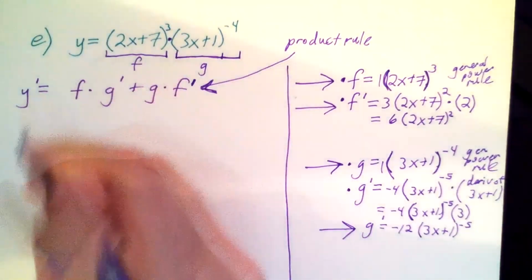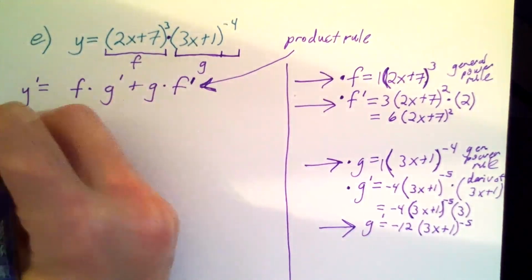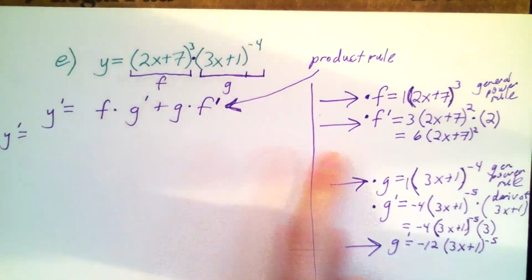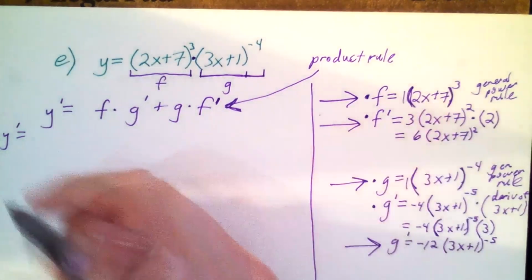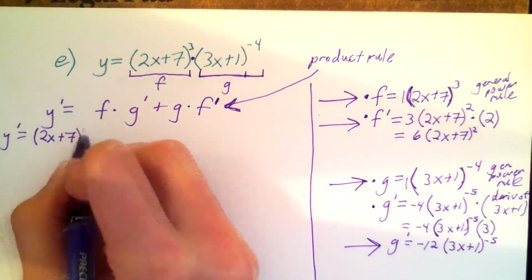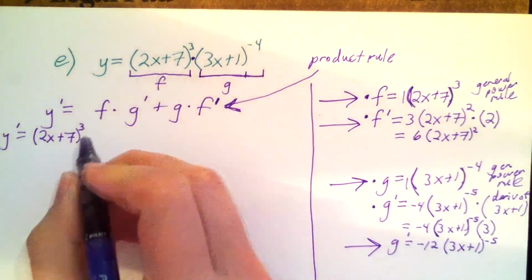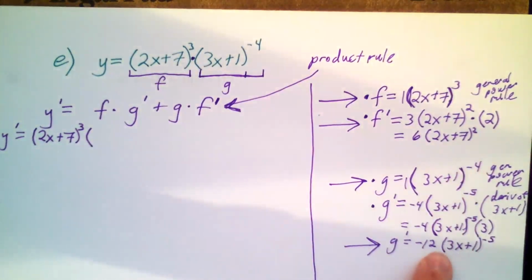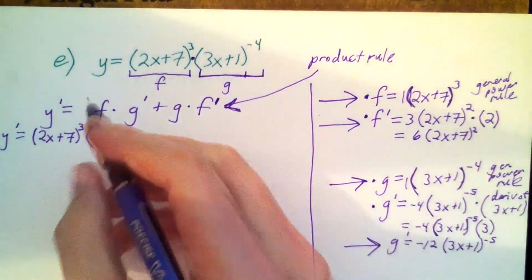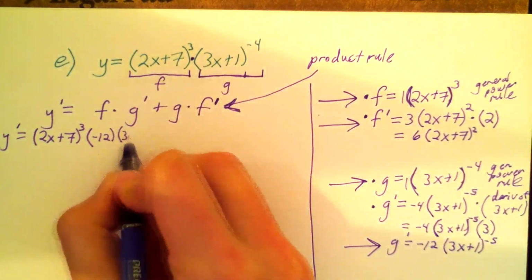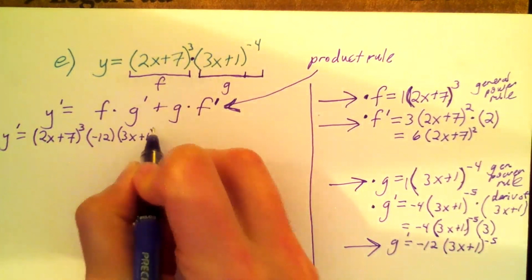Let me separate this. Y prime is f first. What is f? F is that. Copy it down. 2x plus 7 cubed times g prime. G prime's down here. Negative 12 times (3x plus 1) to the negative 5th.